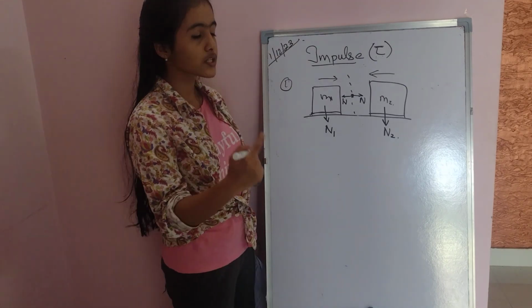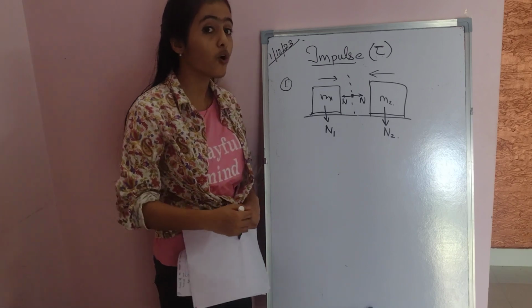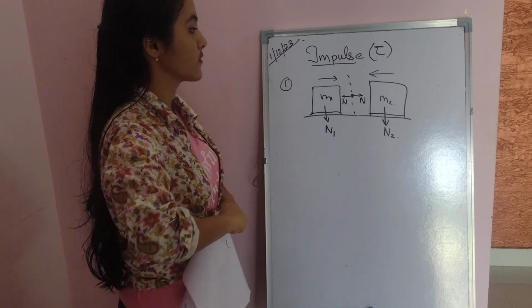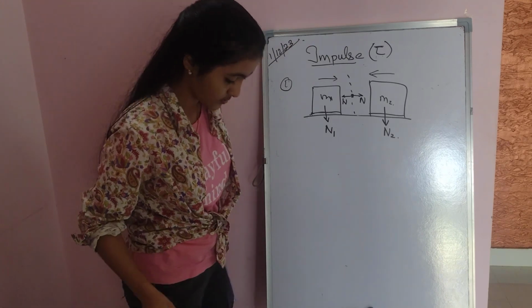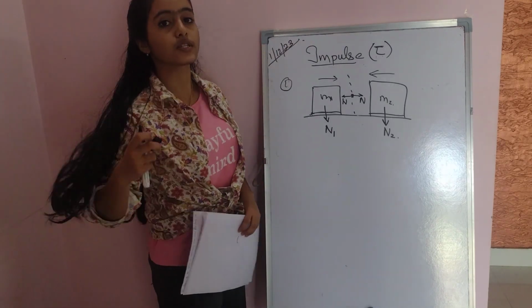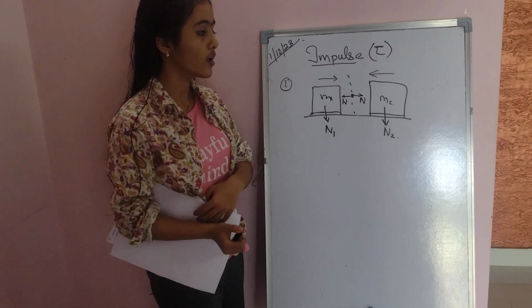Now, I'm asking you, which are the impulsive forces and which are the non-impulsive forces? We have already seen that impulsive forces are those forces that act for a small duration of time.